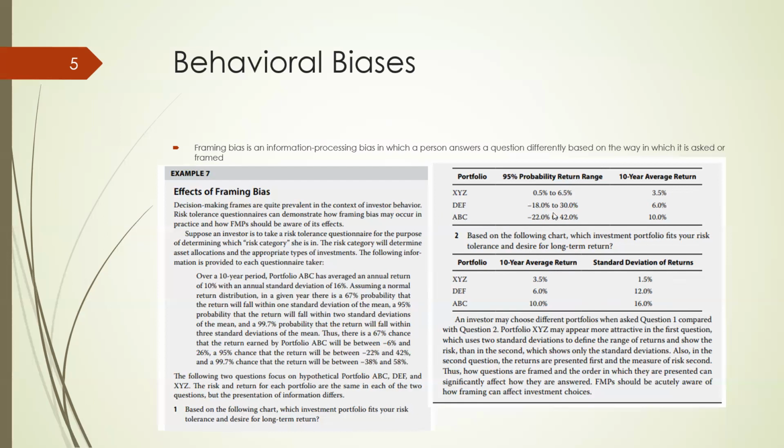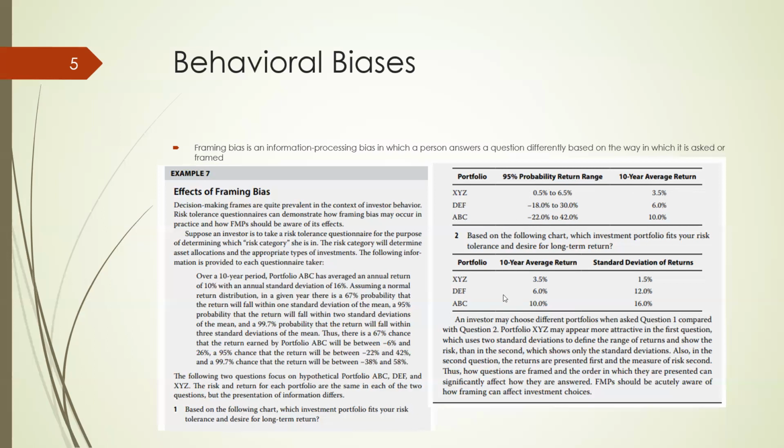For example, if you look at question 1, it looks like an investor is most likely to choose XYZ because there is no risk of negative return, with a range of 0.5% to 6.5%, and an average return of 3.5%. So most likely, because of the negative returns in DEF and ABC, he may choose XYZ.